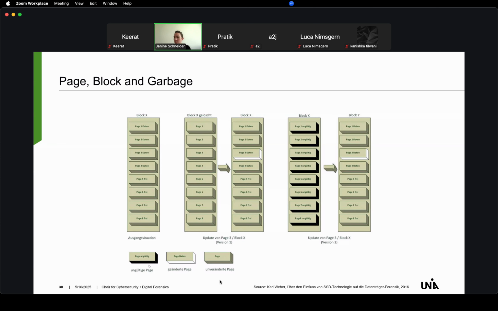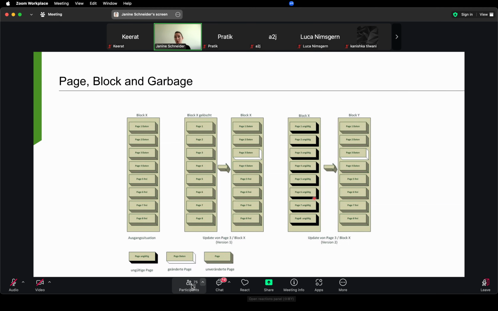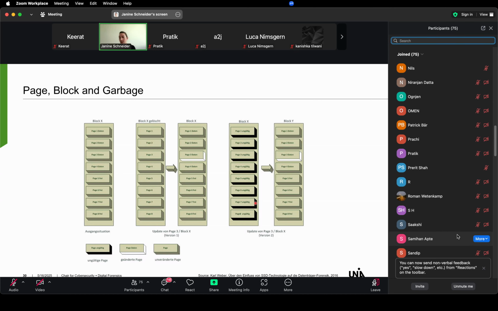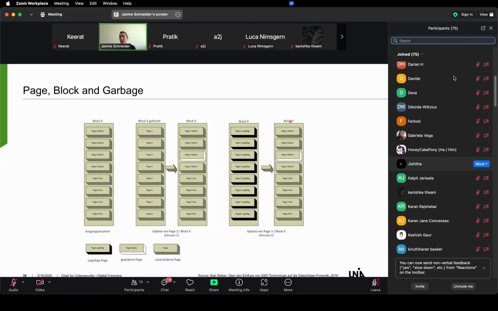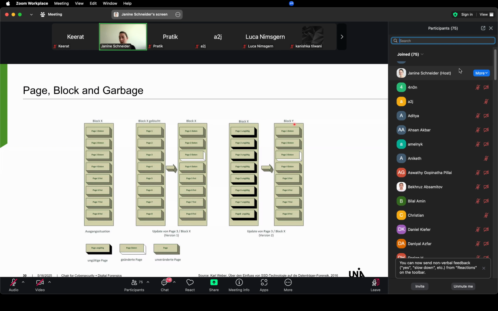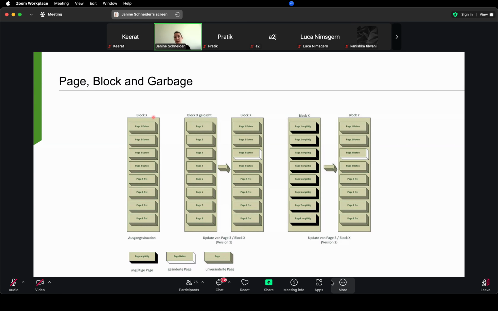No. The second strategy says that you actually do the same thing as with strategy 1, but you mark the whole block X as invalid and write the buffer with your updated page to another new block, block Y. So it's the same thing, but this time we mark the old block as invalid and copy our data to another block.